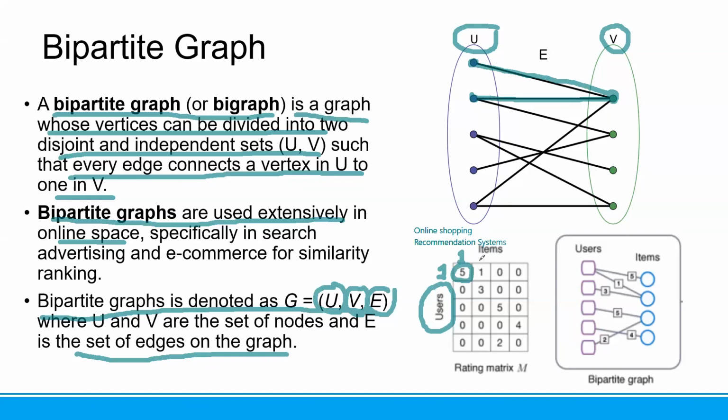User one gives 1 to item 2. User one gives 0. What does 0 mean? Maybe user one never bought item 3, and never bought item 4.